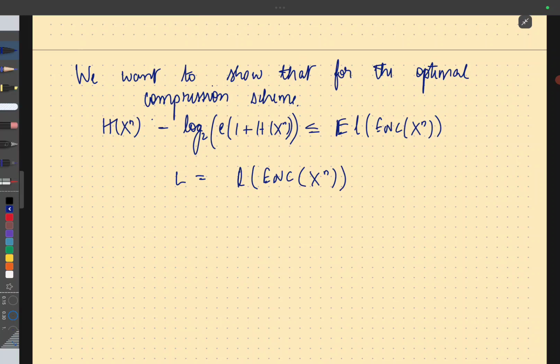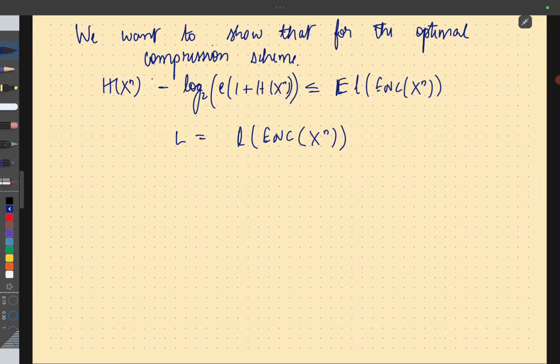Right, the length can take any value, any natural number. In fact, it can also take the value 0. So the random variable L can take value 0, 1, 2, 3, all the way up to infinity. Okay. In fact, not that large because we are looking at a finite alphabet. So for a given n, it's bounded from above.